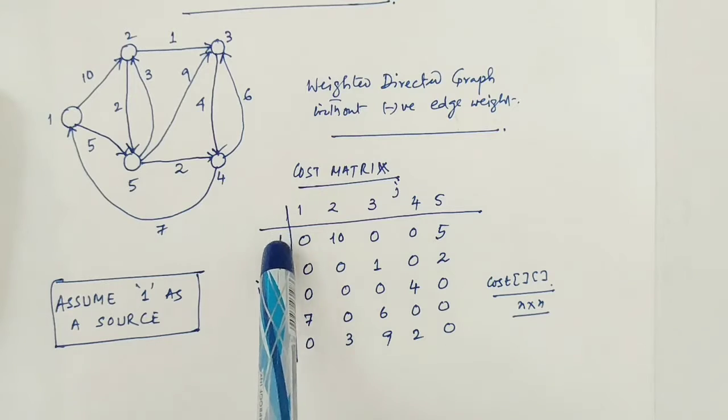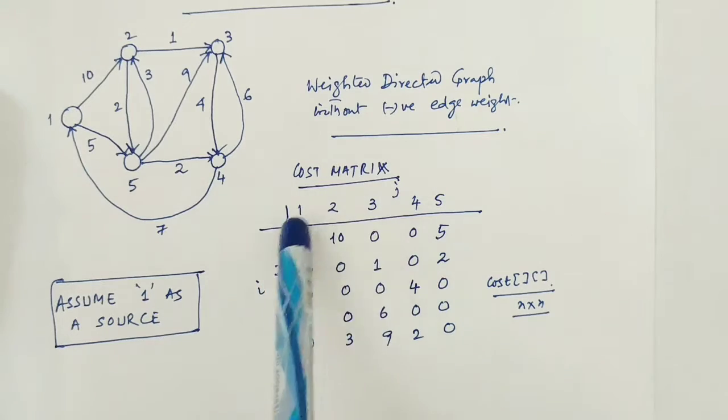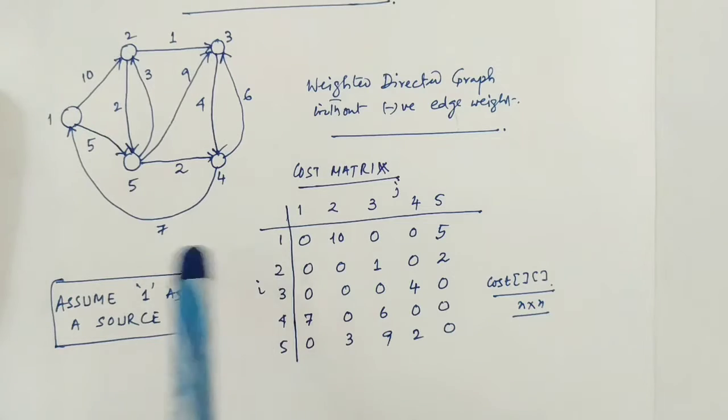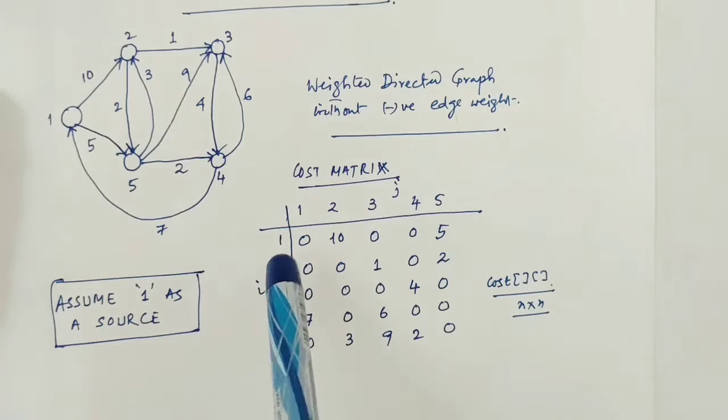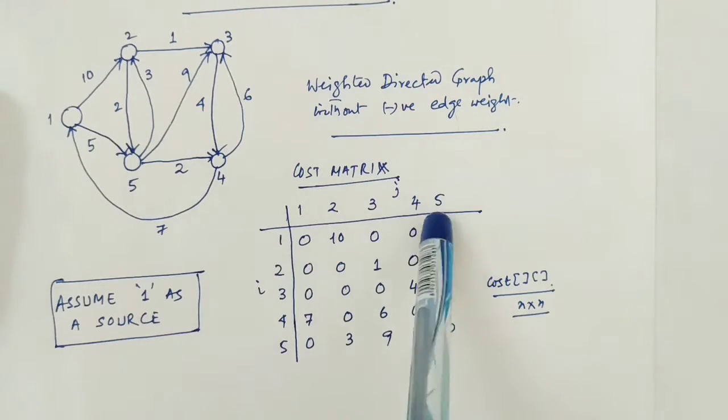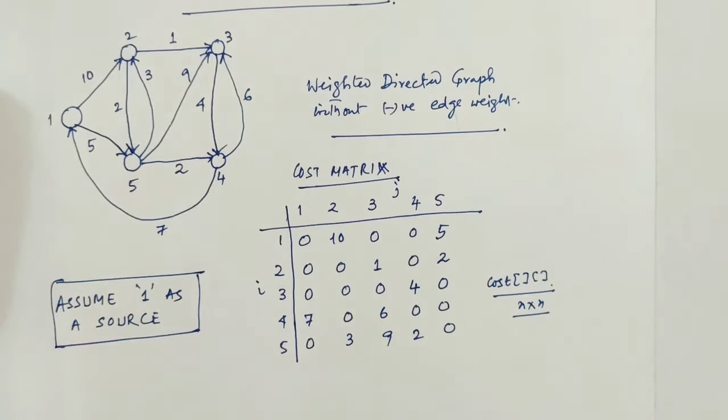If I read the first row, second column, that implies: is there any edge from 1 to 2? Similarly 1 to 3, 1 to 4, 1 to 5 and so forth. Similarly, whenever I scan row number 2, I am at vertex number 2 and I identify whether there is any edge from vertex 2 to others: 2 to 1, 2 to 2, 2 to 3, 2 to 4, 2 to 5. In that way I can form the cost matrix of the graph.